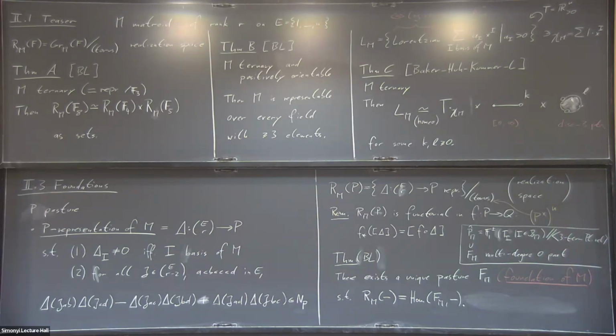How injective is this assignment of foundations to matroids? This is not injective at all. Not every pasture is a foundation, but many matroids have the same foundation. Many matroids even have the same universal pasture, and you have different universal pastures which have the same foundation. So it's simplifying things.